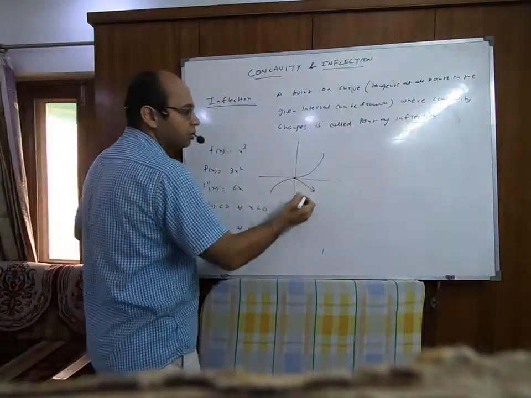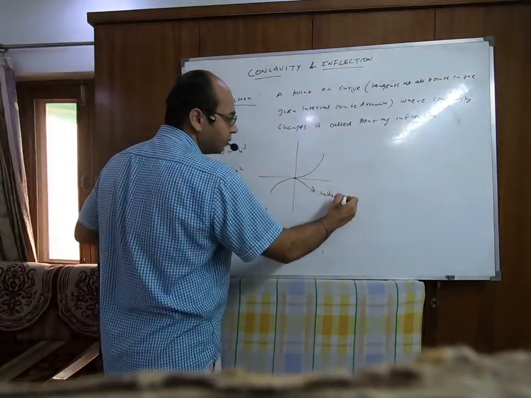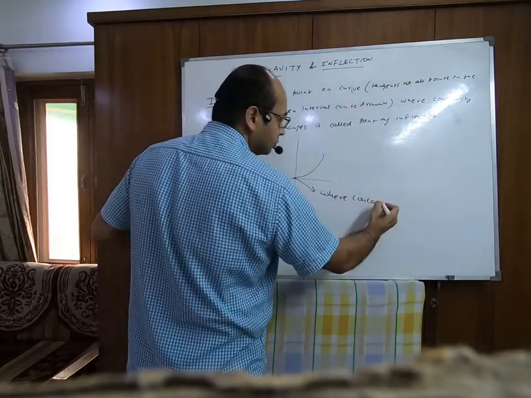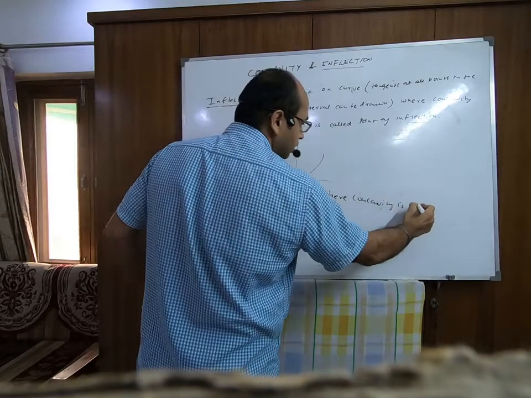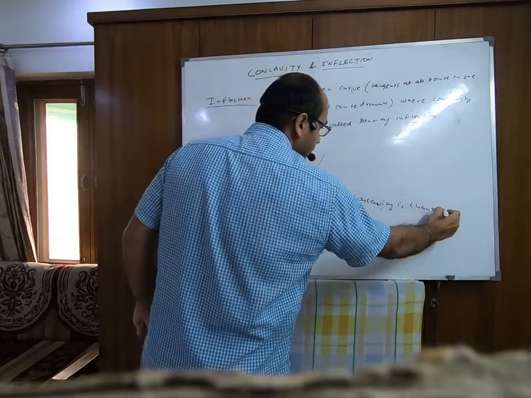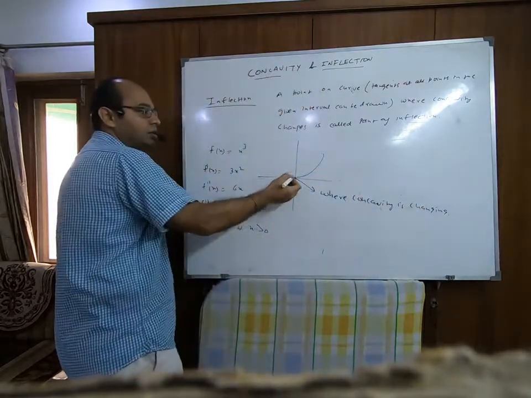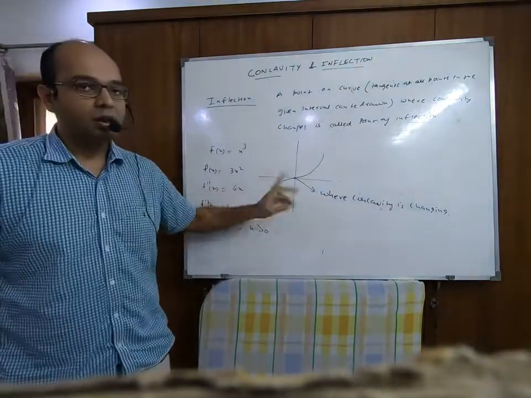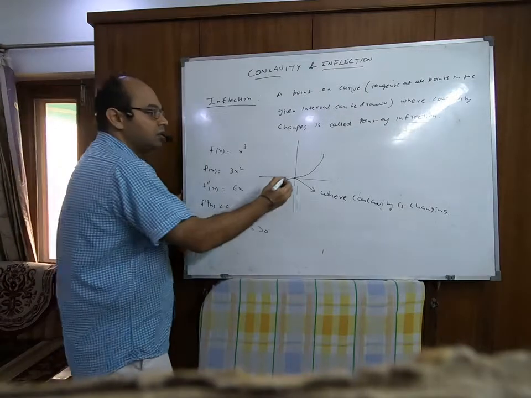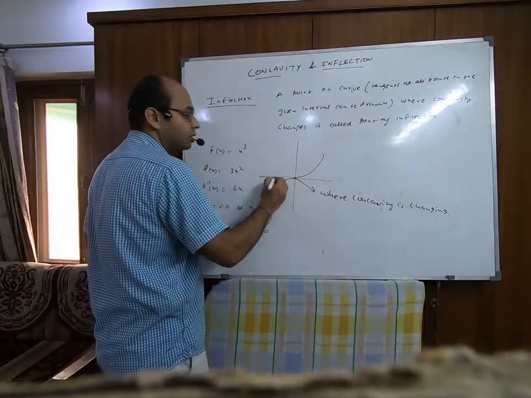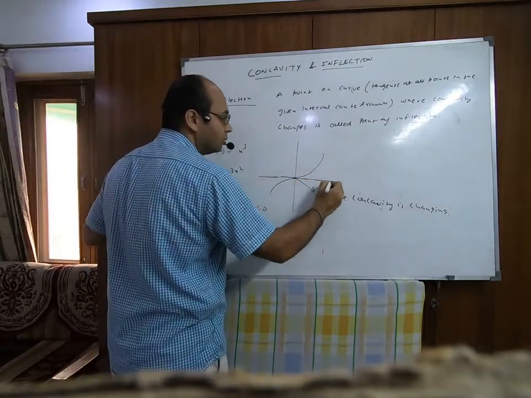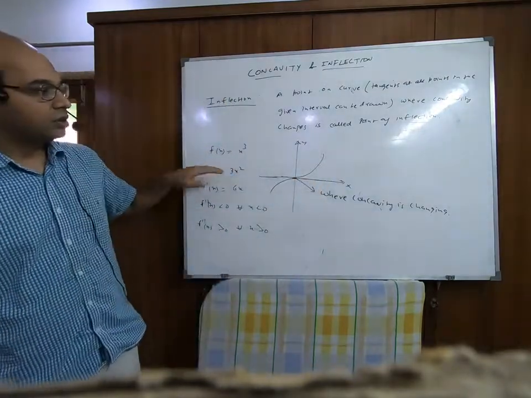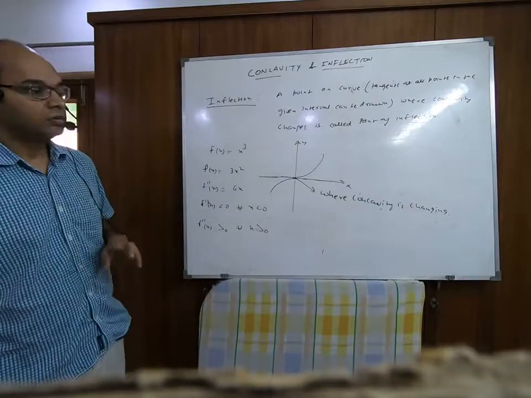This is the point where concavity is changing, and this is the point of inflection. The tangent to this curve here is the x-axis. It crosses the curve. So at the point of inflection, the tangent line crosses the curve, right?